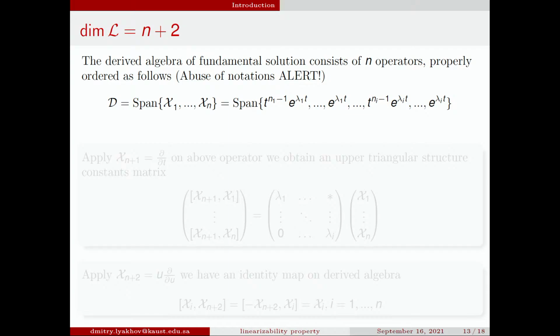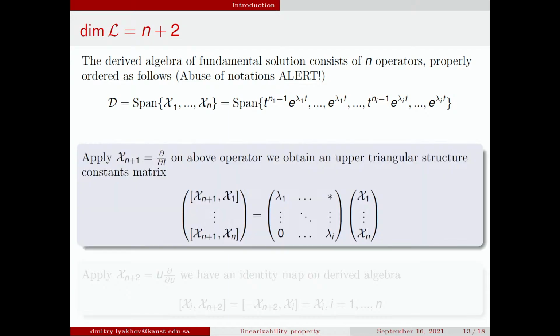You can see we have a very clear, ordered form like this. We know that the whole symmetry algebra has dimension n+2. So now we consider what happens if we apply the other two generators on this derived algebra.